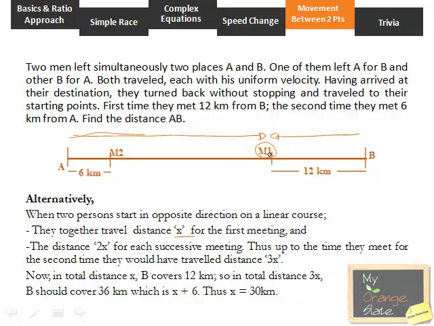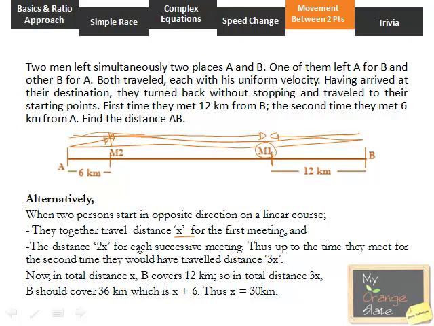Because from M1, A has to move to B, and then he has to move to M2. Whereas person who started from B has to first move to A, then he has to move to M2. And thus we can see that the total distance traveled between two meetings is 2x.